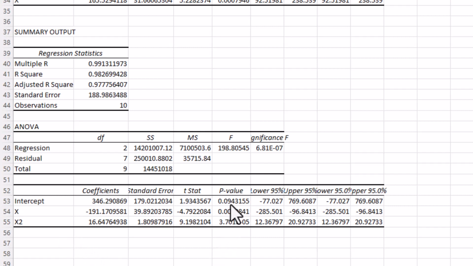The p-value for intercept is about 0.09, which is insignificant, and we can ignore it. It won't hurt anything if you include the intercept. But the p-values for the x and x to the power of 2 are extremely small, meaning the variables are significant. And we are going to use this regression function equation to do the prediction again.